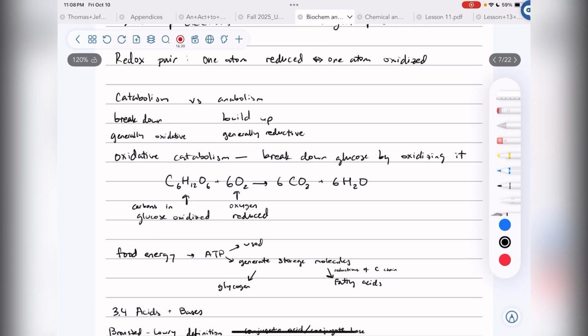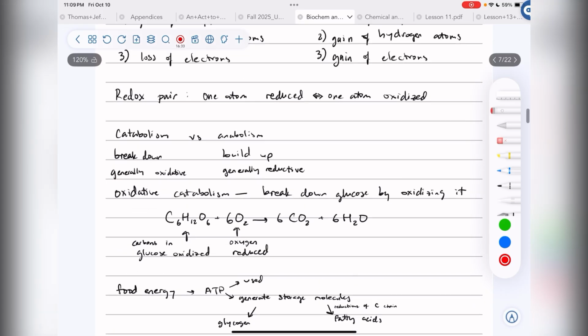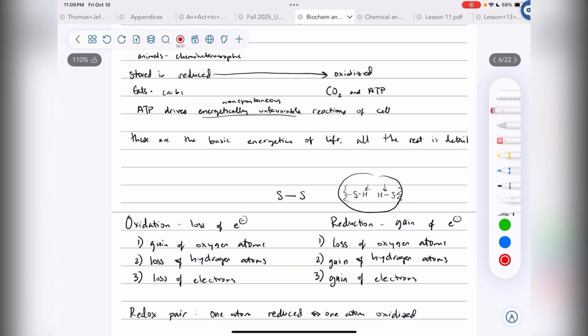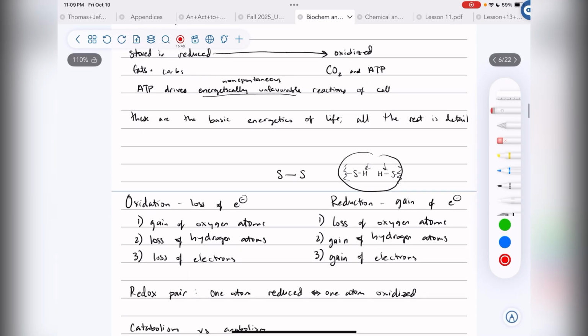Catabolism versus anabolism, which we learned in anatomy. Catabolism is to break down, and this is normally oxidative. That kind of makes sense when we see that energy is stored when certain molecules are reduced, when those electrons are added, when those hydrogen bonds are made.